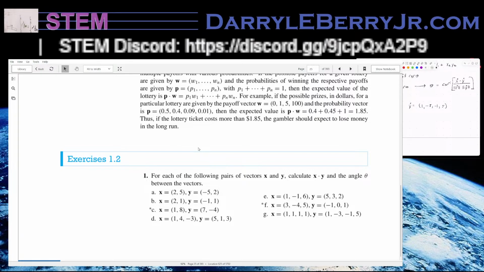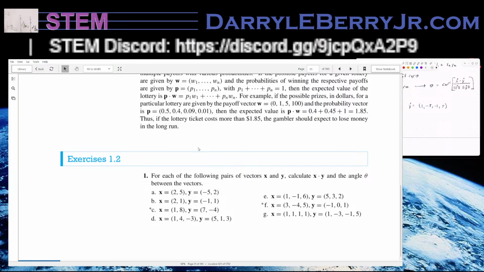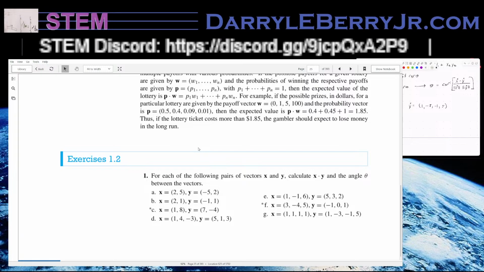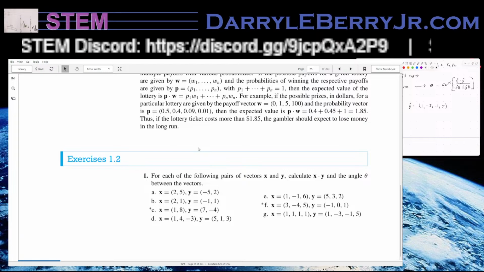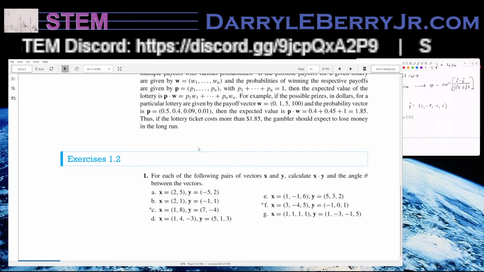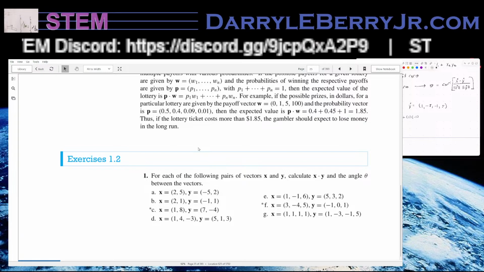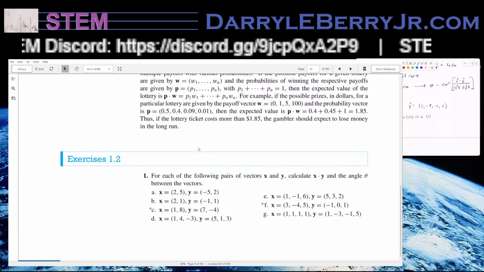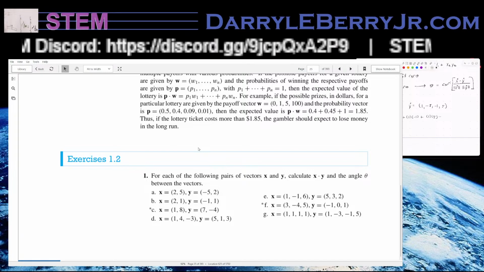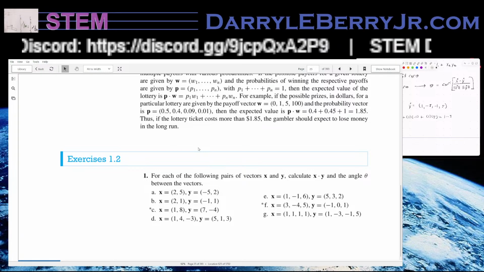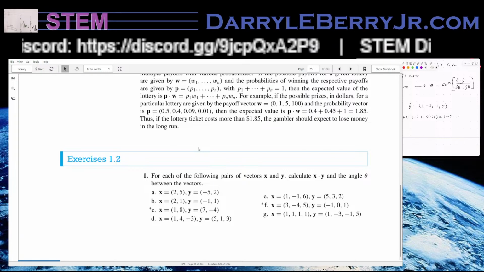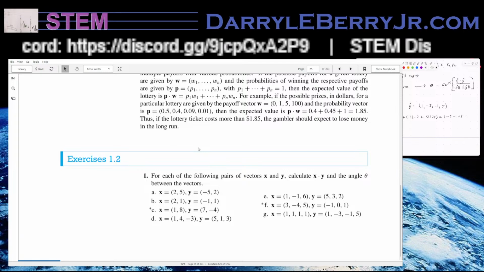So x dot y is going to equal 1 times 1 plus 1 times -3 plus 1 times -1 plus 1 times 5, which equals 1 minus 3 minus 1 plus 5, which equals what?